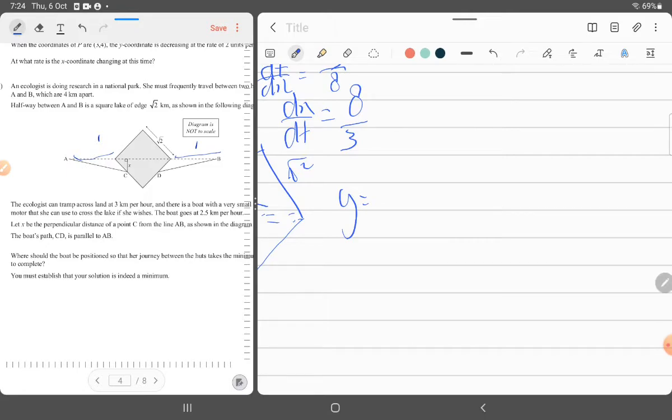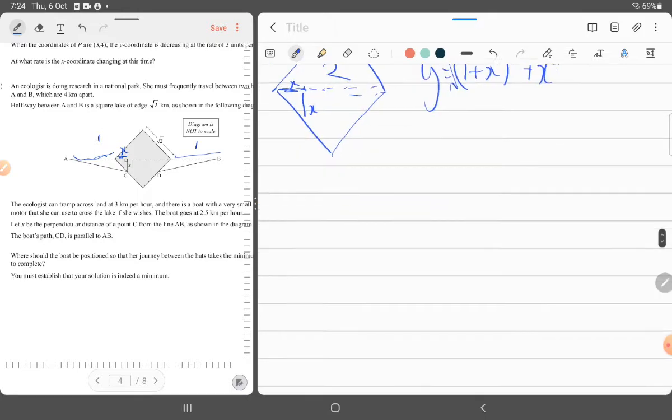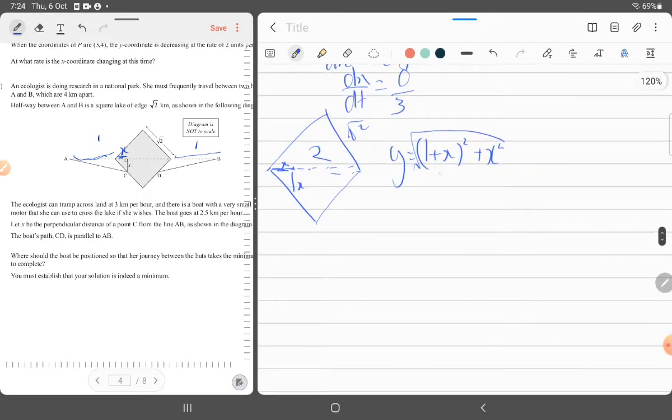The distance from A to C can be modeled by using Pythagoras' theorem. 1 plus x, since 1 plus this part is x, so 1 plus x all squared plus x squared, square root of that. That is the distance from A to C, but we have two of those, so 2 square root of, I'll just simplify that, 2x squared plus 2x plus 1.